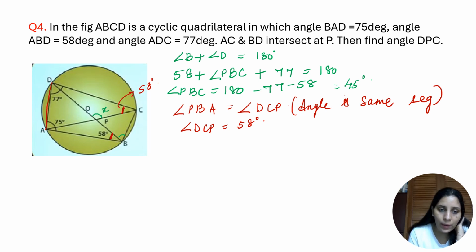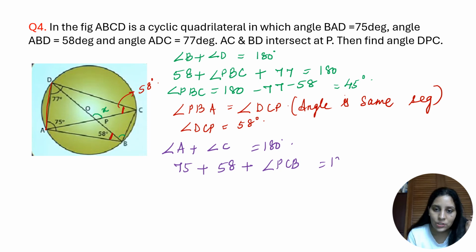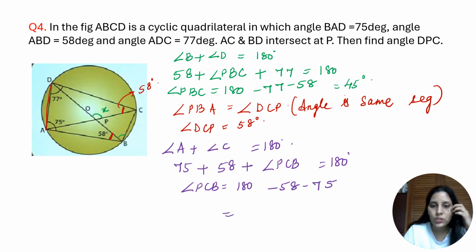Again here we can apply angle A plus angle C is equal to 180 degrees due to cyclic quadrilateral. So angle A is 75, angle C is 58 plus PCB, which is equal to 180. So PCB is 180 minus 58 minus 75, which is 47 degrees.